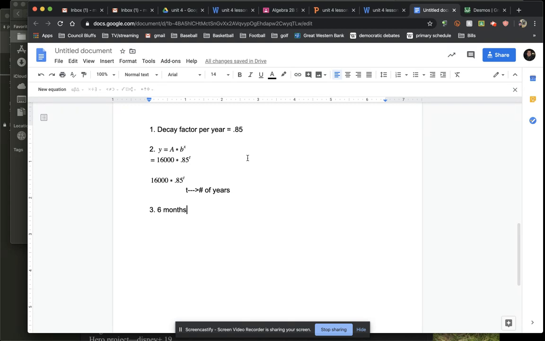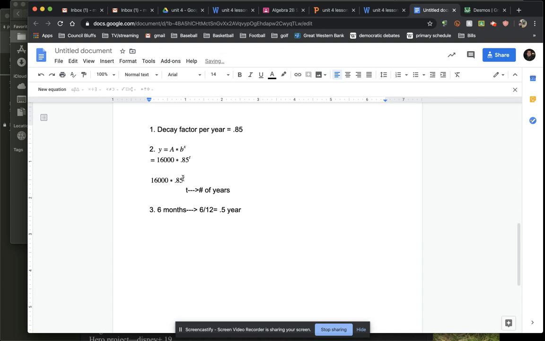Well, I know that 12 months is 1 year, 24 months is 2 years, so on and so forth. So I have to divide the number of months by 12. 6 months divided by 12 is going to be equal to a half of a year.